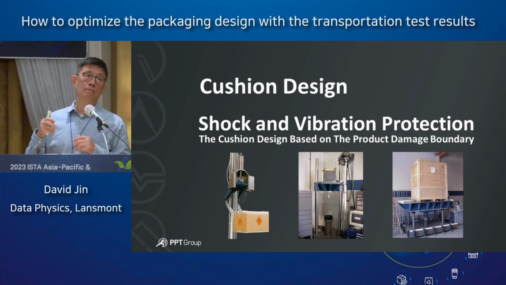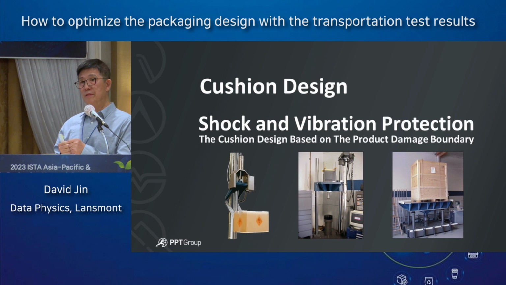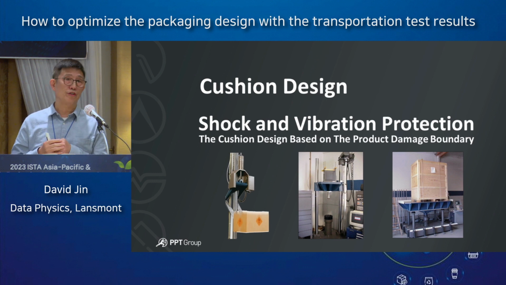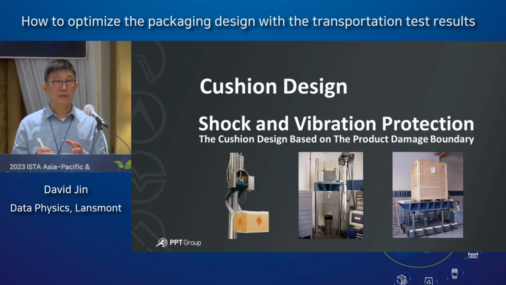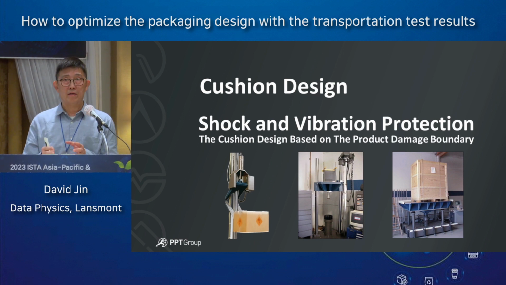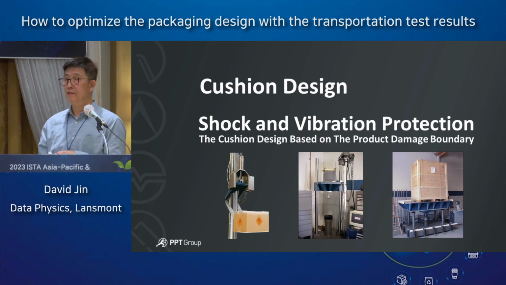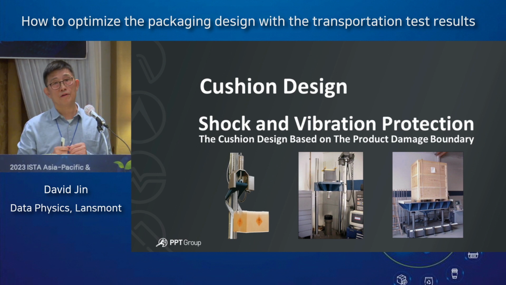We put only part of the design for your packaging. We're worried about the cushion, because drop makes your product fail. The key problem is the cushion. Shock is a killer, impact is a killer, so we need to think about shock.